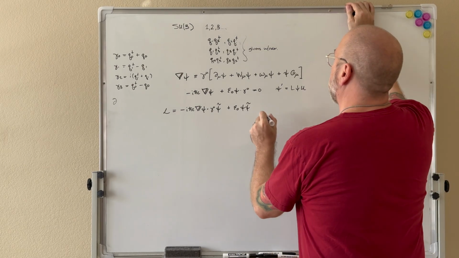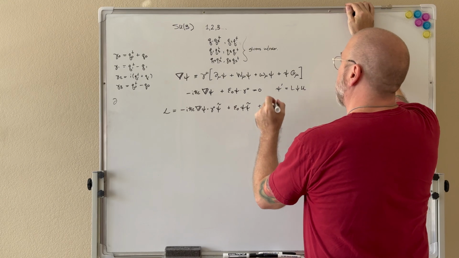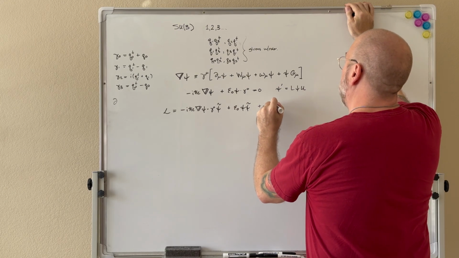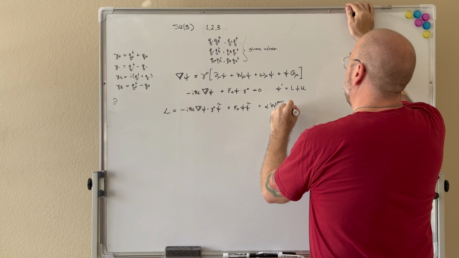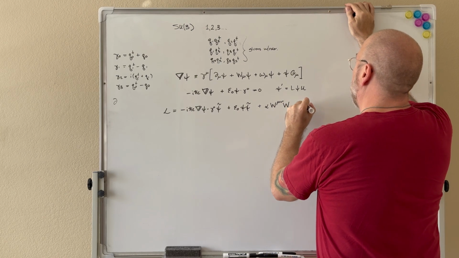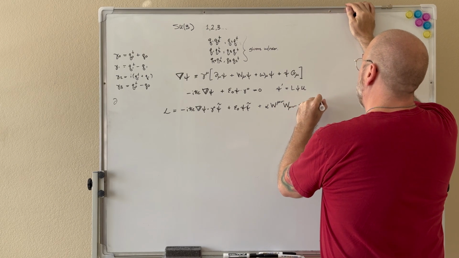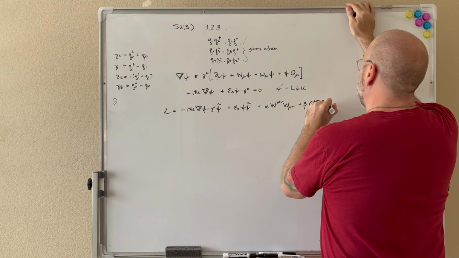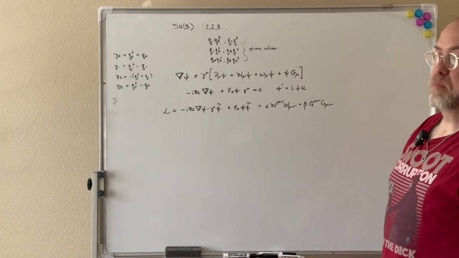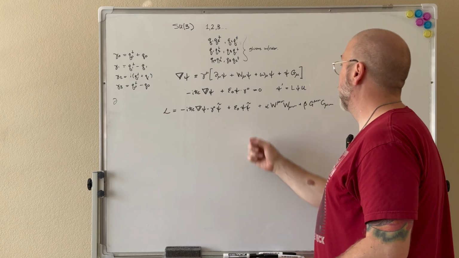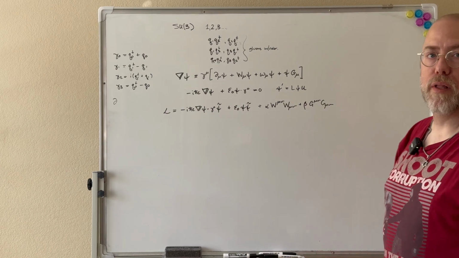So the Lagrangian is going to contain some sort of combination of field elements. I'll leave these constants unknown for now. Matter, mass, that.